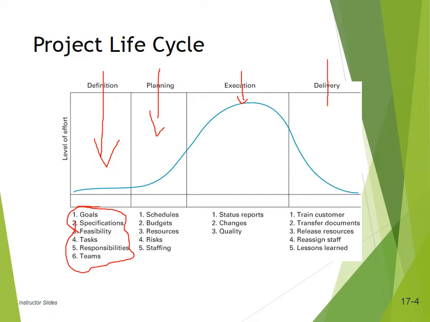So there is a specific delivery phase. There is some paperwork required for that handover of the project. For software, there is some training which is required for the customers. There's some documentation which needs to be transferred. So that's the delivery phase. So this is a typical project life cycle: the definition, planning, execution, and delivery.